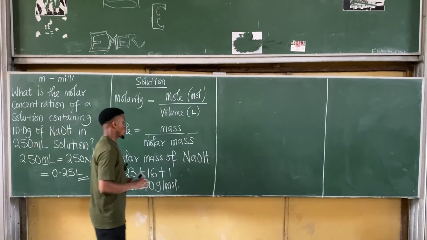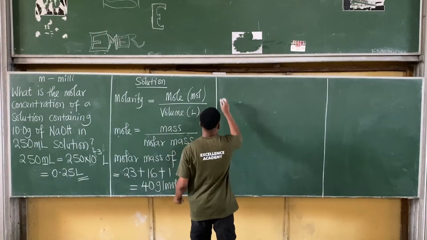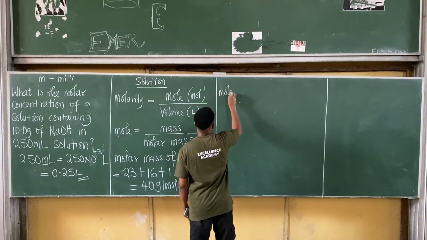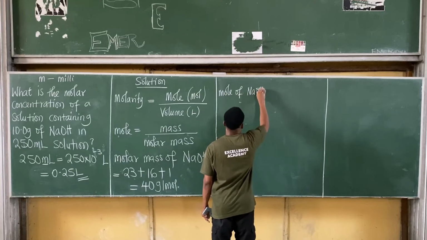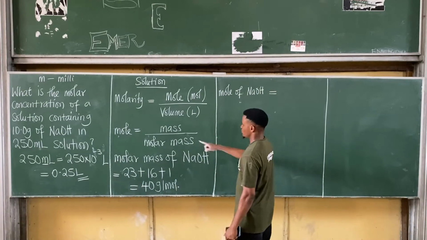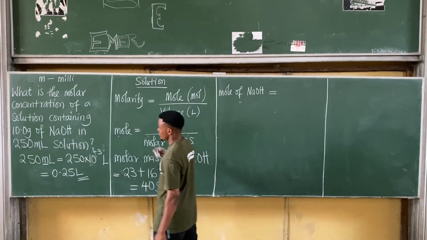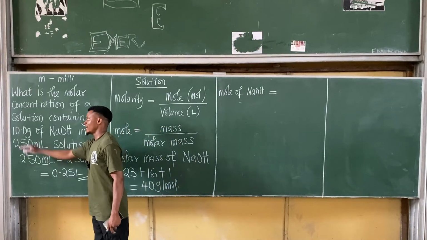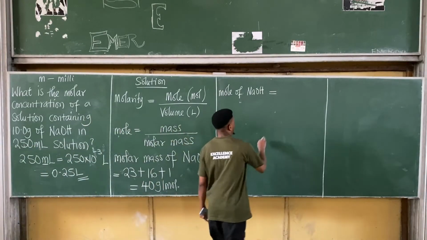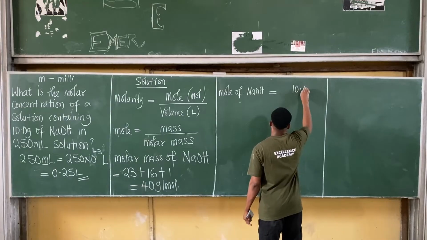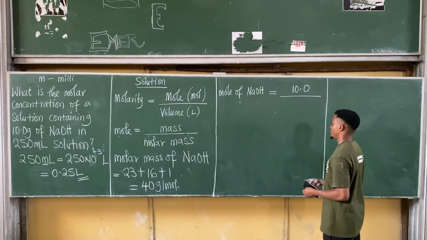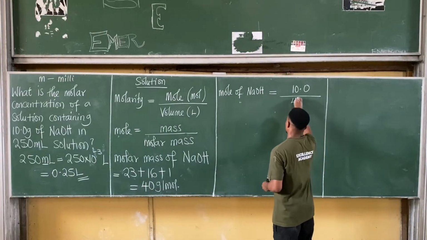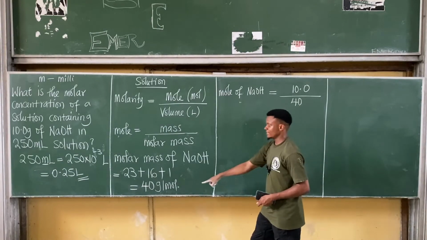So if you've gotten molar mass, let's now get the mole. Let's get the mole of the compound sodium hydroxide. The mole of the compound is equal to the mass of the compound, which is given here as 10.0. 10.0 is the same thing as 10, so you can write either 10 or 10.0. 10 all over 40, where 40 is the molar mass.